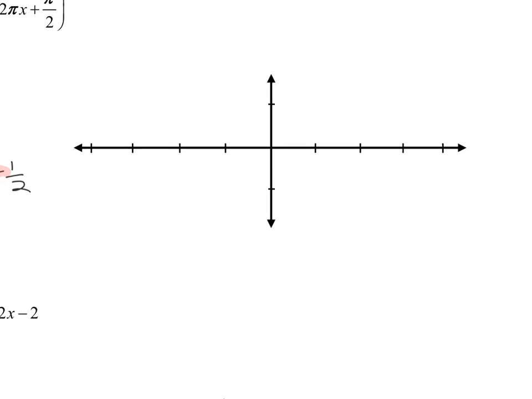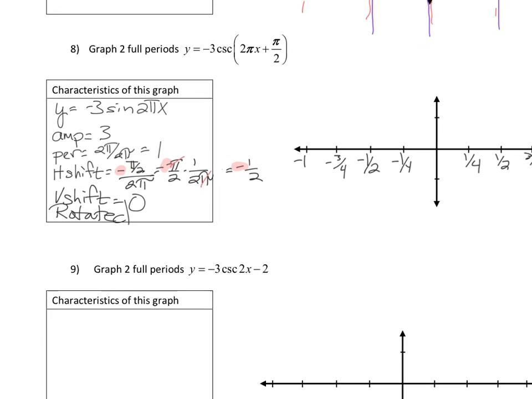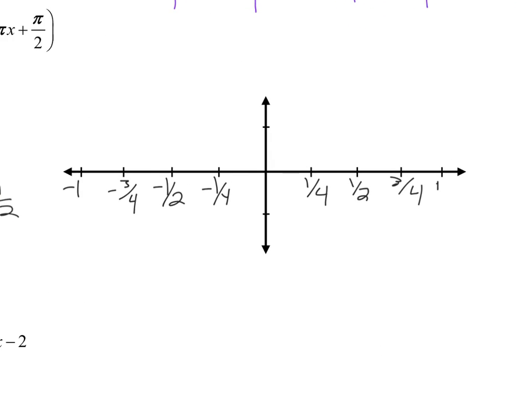Amplitude is 3. So we come out here and we mark our tick marks. 1, 1/2, 1/4, 3/4. Negative 1, negative 1/2, negative 1/4, negative 3/4. My amplitude, I apologize, was 3. 1, 2, 3.